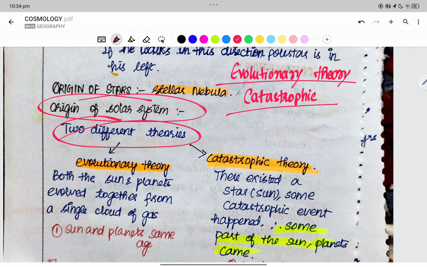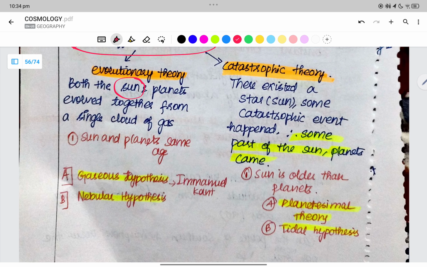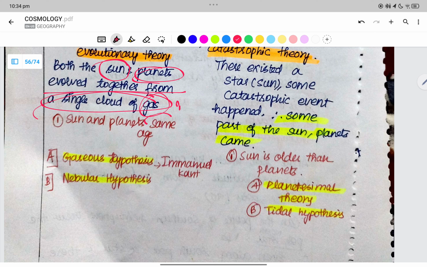Right. Now, evolutionary theory. Both the sun and the planets evolved together from a single cloud of gas. This cloud of gas is called the stellar nebula.